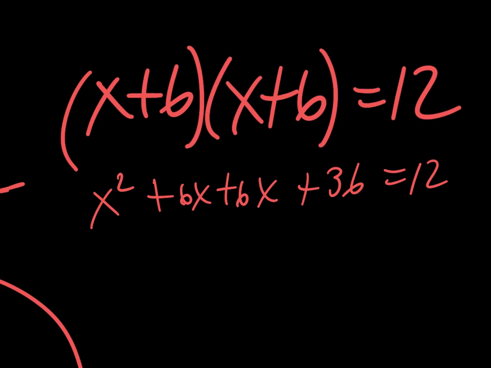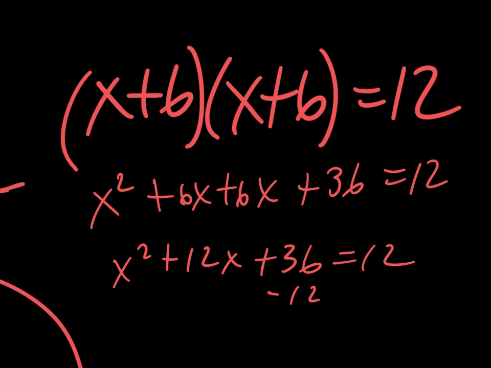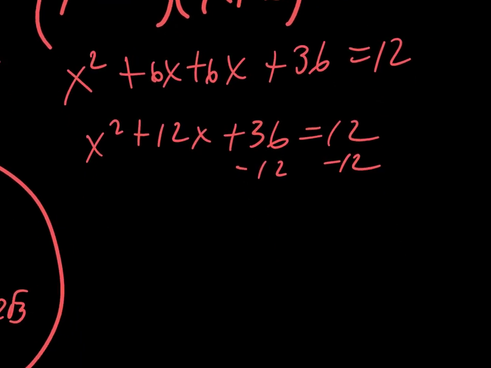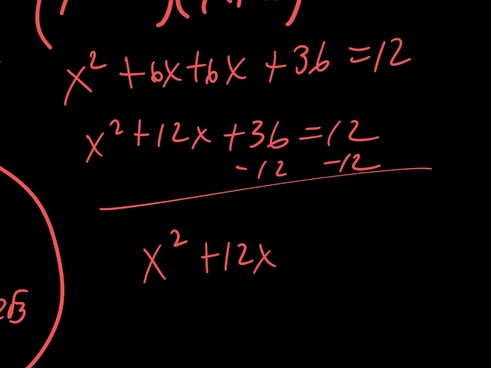And then I did x squared plus 12x plus 24. Okay, x squared plus 12x plus 36 equals 12. And then you've got to subtract 12 from both sides, right? And so then I have x squared plus 12x, let's see, what's 36 minus 12? 24. Thank you. Plus 24 equals 0.